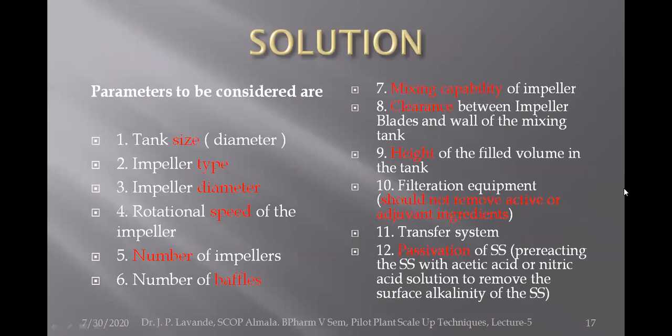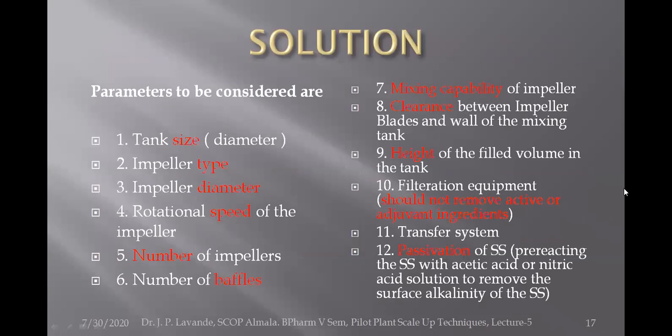There are various examples where, if these are not maintained and attention is not given, the batch fails and the company has to withdraw the product from the market, which results in a huge loss to the manufacturers.